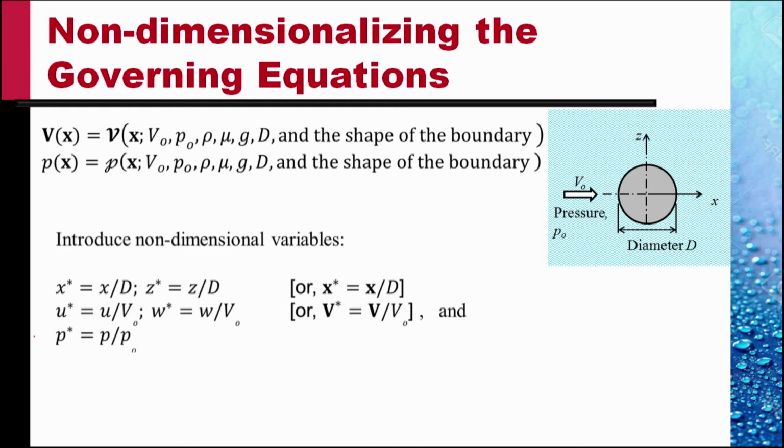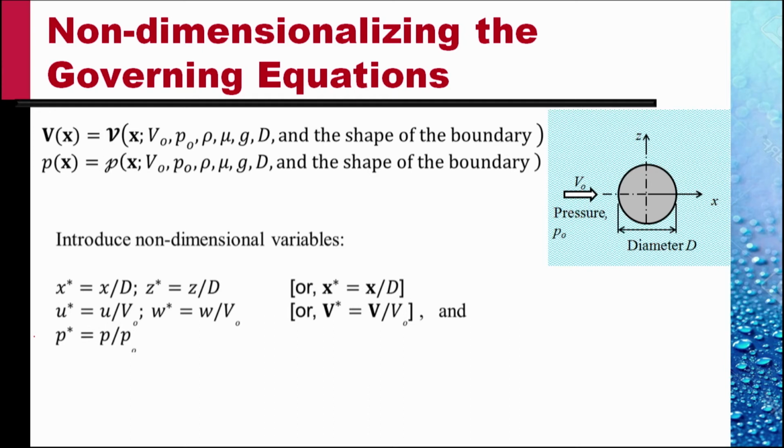So we define the location variable x star as the physical variable x in any units divided by the diameter in those units. x in meters, diameter in meters, x in inches, diameter in inches.